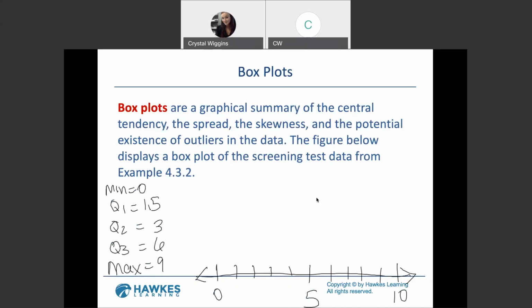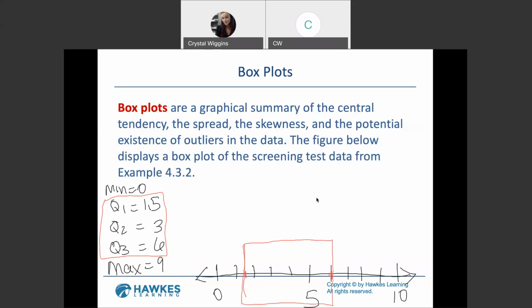Okay. Now, what I'm going to do is I am going to draw my box. Now, my box is the interquartile range, which is between 1.5 and 6. So 1, 1.5, and here's 6. So I'm going to draw a box for the interquartile range.